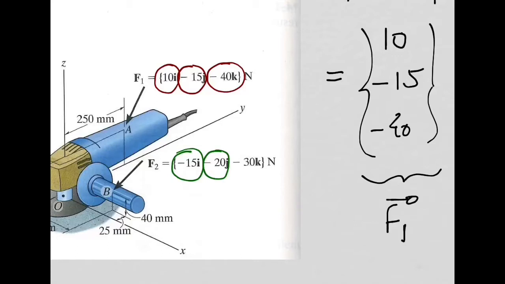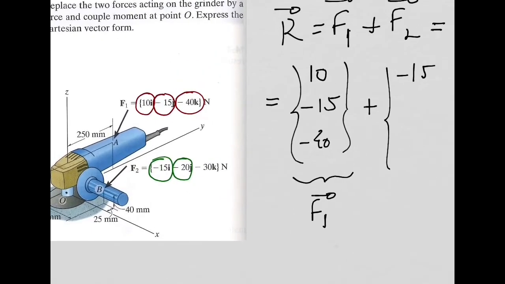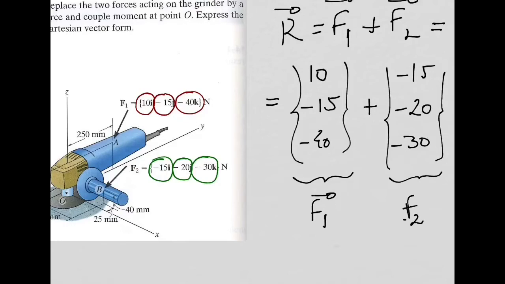It is the component that is multiplying the j unit vector that gives me the direction of my y-axis. So minus 20. And my z component is minus 30, right? Is this one? Minus 30. And that will give me my vector F2.